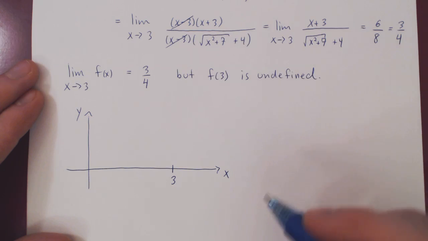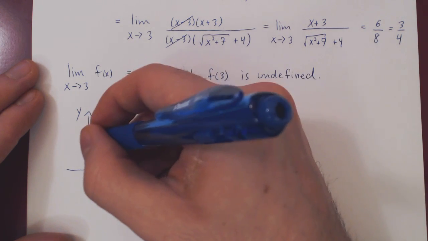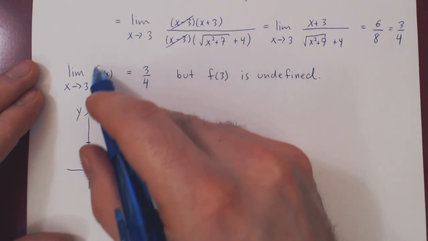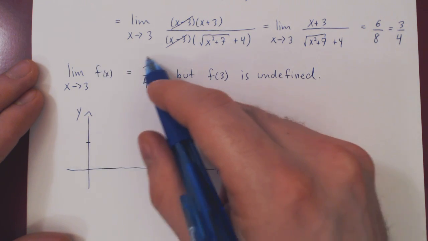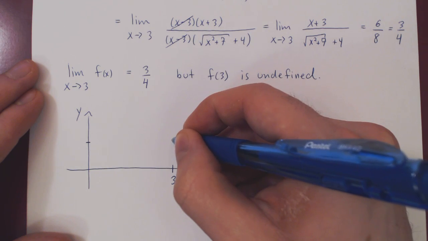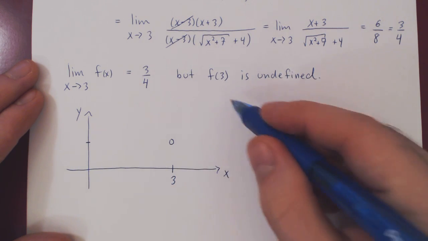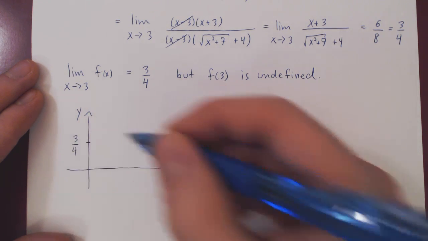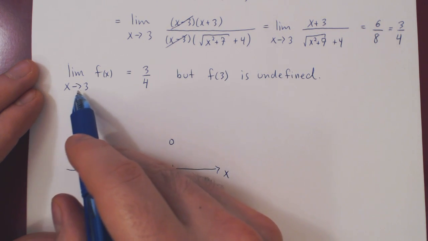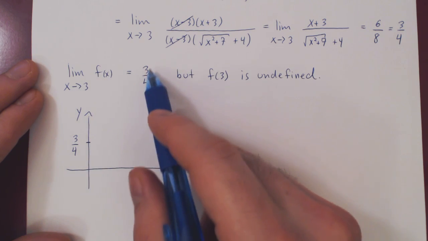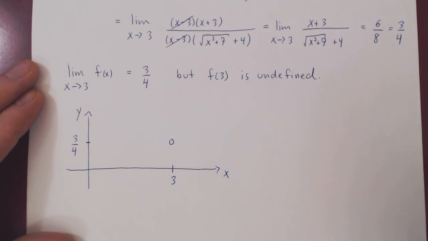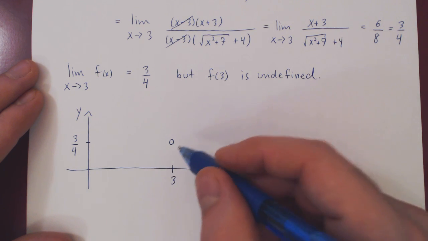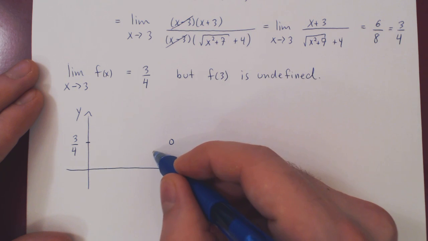So f of 3 is undefined, there is no value, but we know that when x is really close to 3, the y values f of x are very close to 3/4. So there's a hole at 3, f of 3 doesn't exist, but as x is really close to 3, f is really close to 3/4, and the function happens to be increasing. So we'll simply graph it around this point, and it looks a little bit something like this.